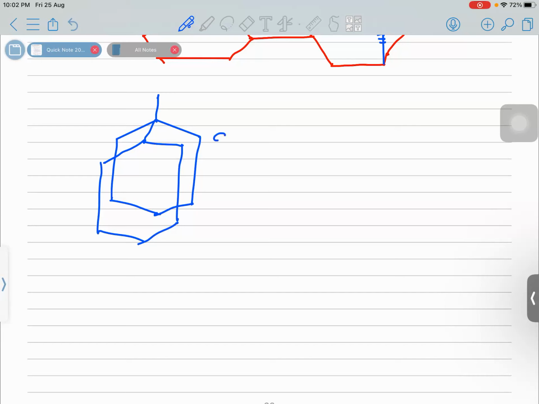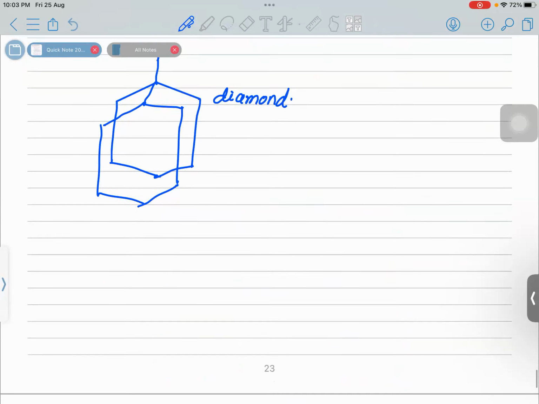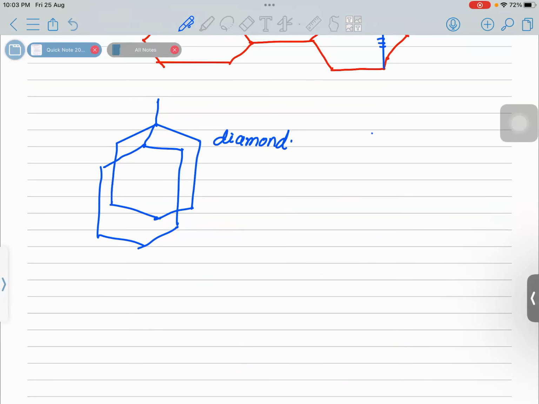This is diamond. This is diamond structure. And then silicon dioxide. This is giant structure of silicon dioxide.